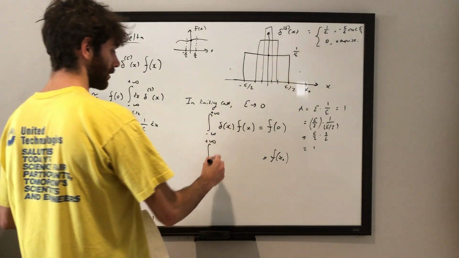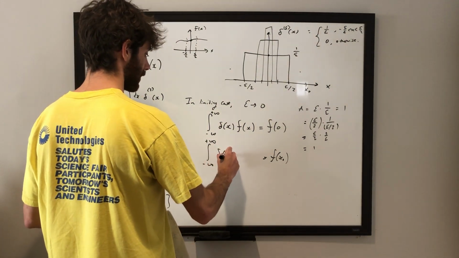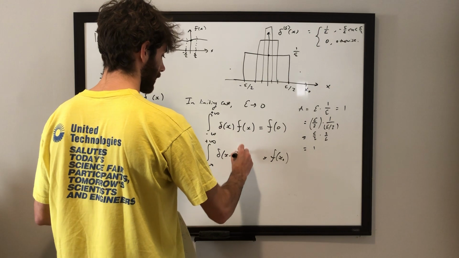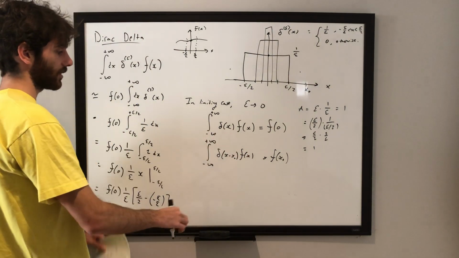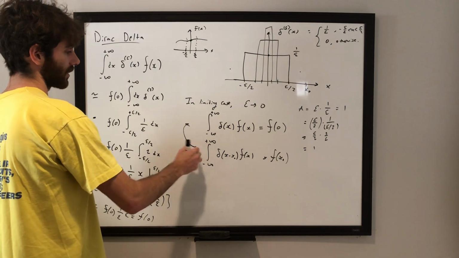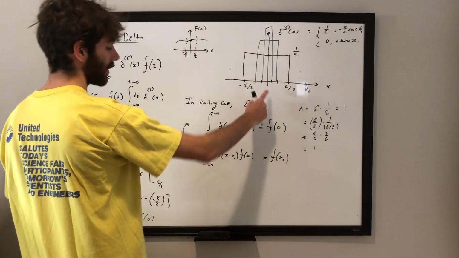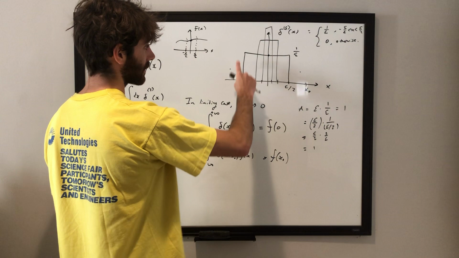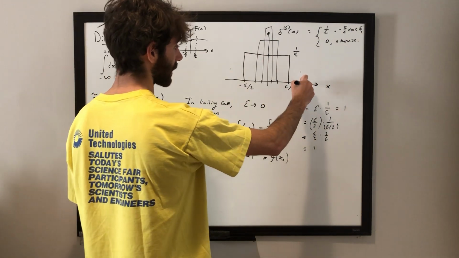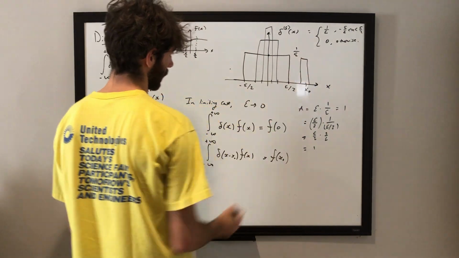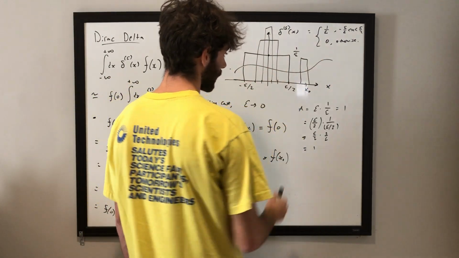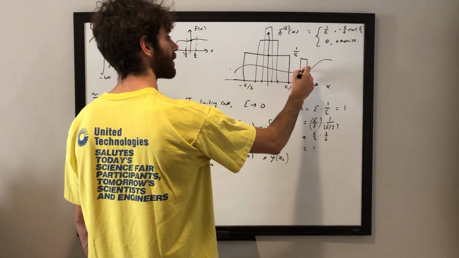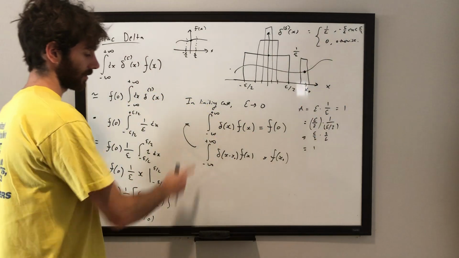Then what we would instead have to write is delta x minus x naught f of x. So this is sort of a generalization, or if you go this way, we're specifying that x naught is 0. But I can center this delta function anywhere I like. I could put it over here, and then, if I imagine I have some function passing through, take the limiting procedure, I get the value of the function at x naught, just like in this case.